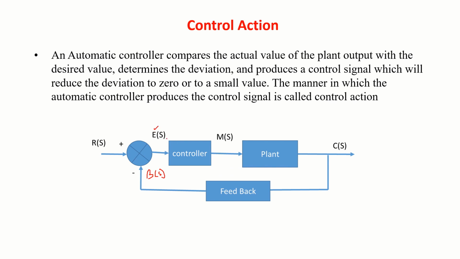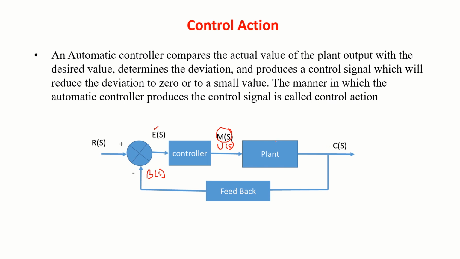You will get the error signal which actuates the controller. From the controller, you get the manipulating signal, which we represent like this, or you may represent like this, U of S. This controlled signal operates the actuator of the plant. So the required variable is controlled here.